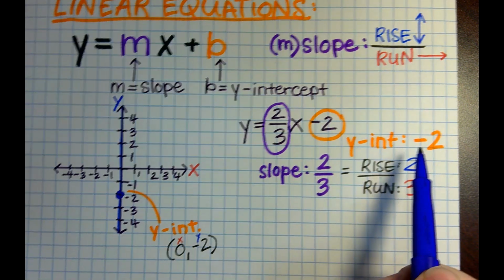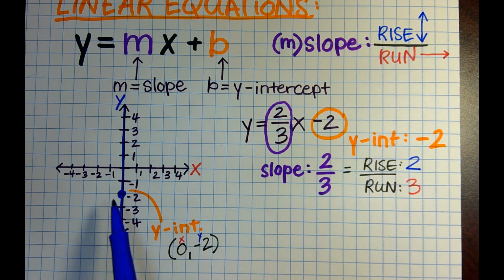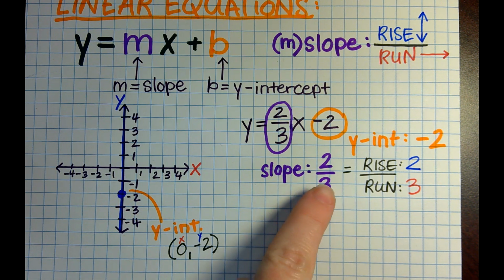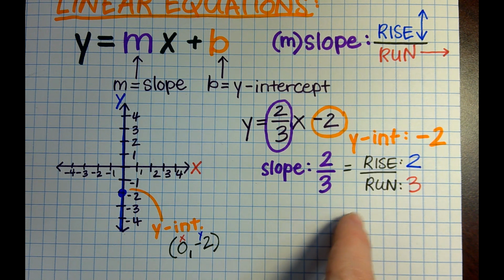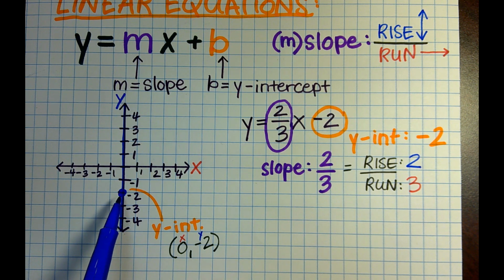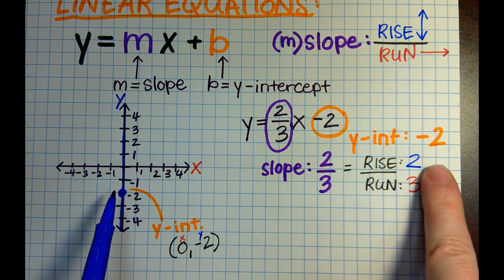Okay, so here's how we use this. The y-intercept is our starting point. We have started by putting a point there. Now we're going to use our slope, or our rise over run, to find another point. Starting at the y-intercept, don't start at 0, starting at -2, first we're going to do the rise.